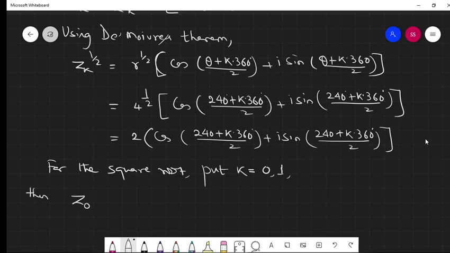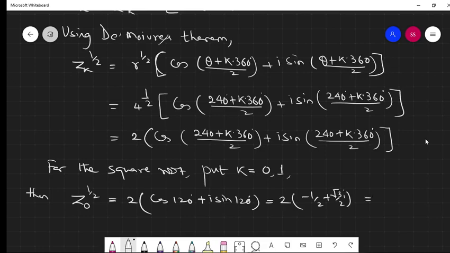Then the square root of z0 is 2 times, with k equal 0, 240 divided by 2, cos 120 plus i sin 120 degrees, equal to 2 times minus 1 by 2 plus root 3 by 2 i, equal to minus 1 plus i root 3.